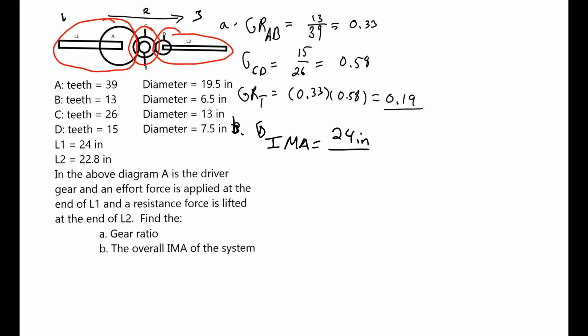What is our resistance distance going to be? That's the diameter of the wheel. What did we use? We used the radius here, so we have to use the radius here as well. So it's going to be what? 19.5 divided by 2, right? So what is that? 8.75? No, 9.75.